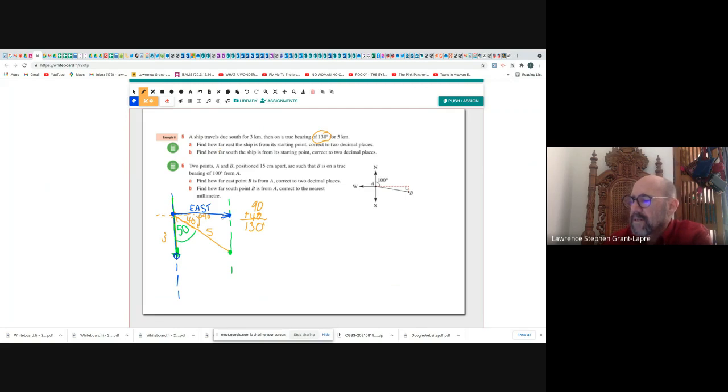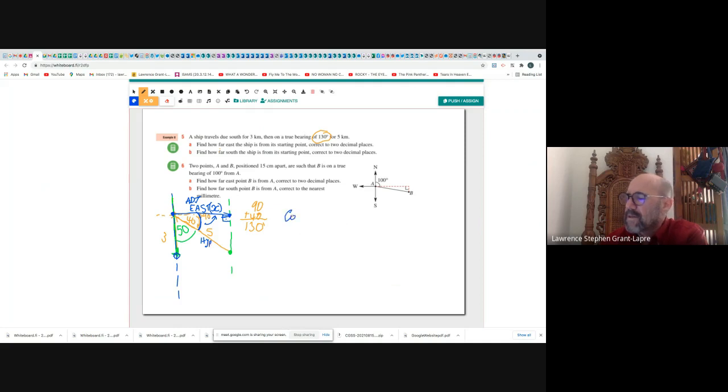So let's use this triangle up here. If that's 40, and that's 90, and that's 5, we want our x distance east. So I'm going to go from the 40 degrees, use the adjacent side and the hypotenuse.